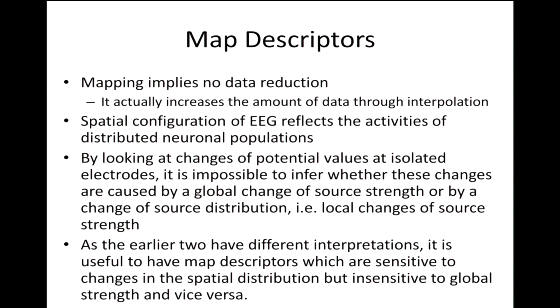So by looking at changes of potential values of the ERP only at isolated electrodes, it is almost impossible to infer whether these changes are caused by a global change of source strength or by a change of source distribution, meaning a change at a very local level. So in order to address this, you have to consider the overall distribution of the voltages. That's the idea: go from single channel analysis to analysis at the global level.